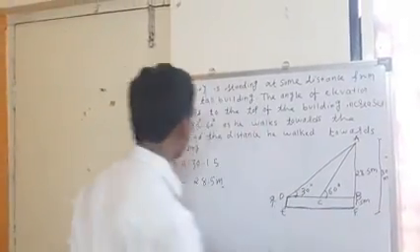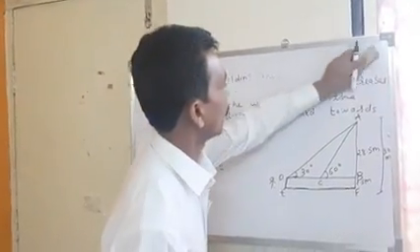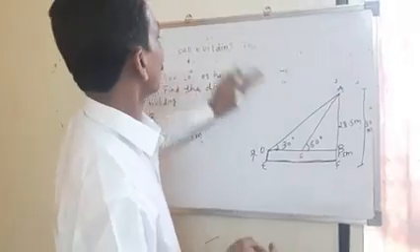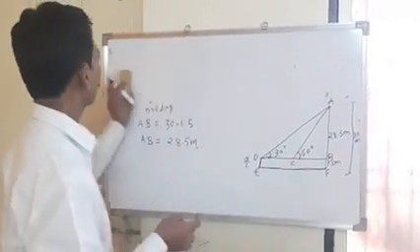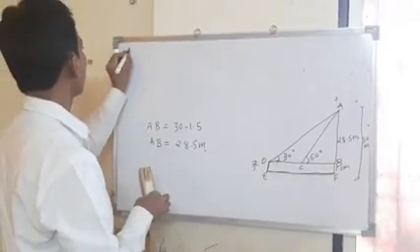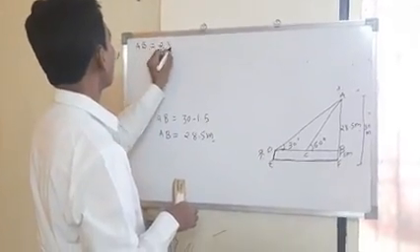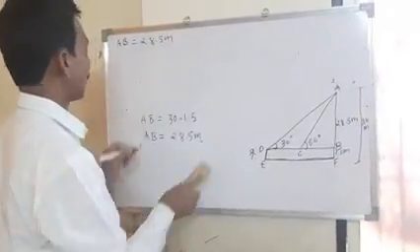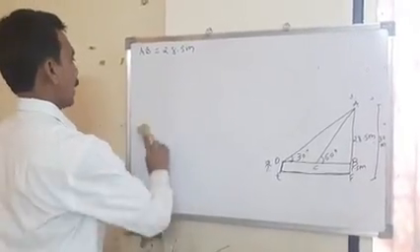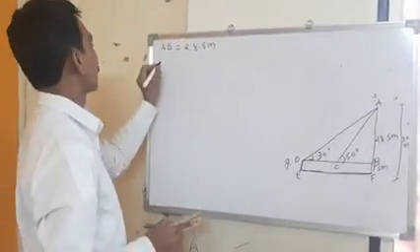Now, what I will do? I will rub this, and then I will write here. This AB on the top, AB is equal to 28.5 meter. Now, I will take the first triangle as triangle ABC.